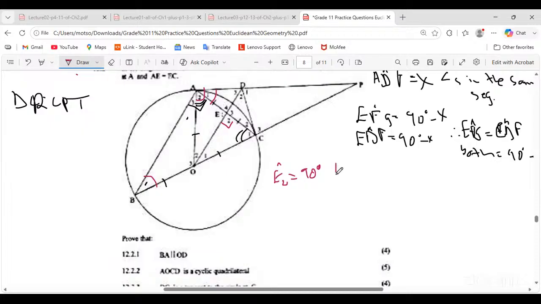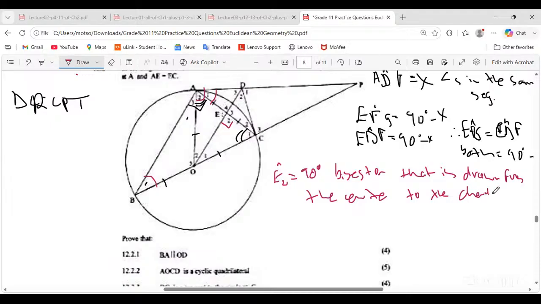It is because of the bisector that is drawn from the center to the chord, the converse of theorem 1, right?